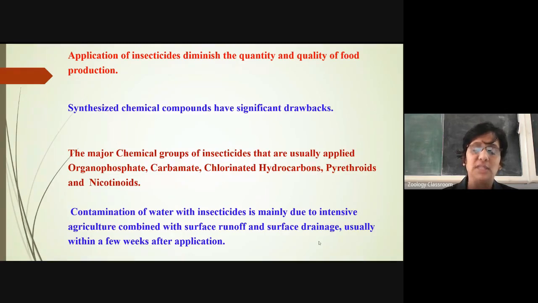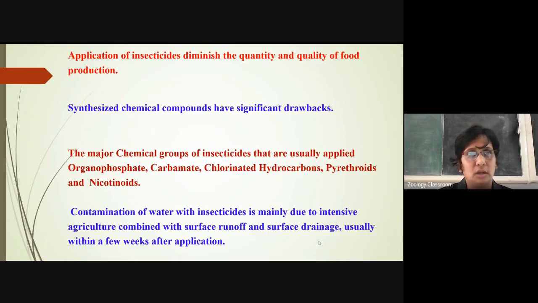Okay, so these are the major chemical groups of insecticides, and they are usually applied for the control of various insects. These insecticides lead to a decrease in the rate of growth and reproductive behavior, and many reproductive disorders are observed because of that.